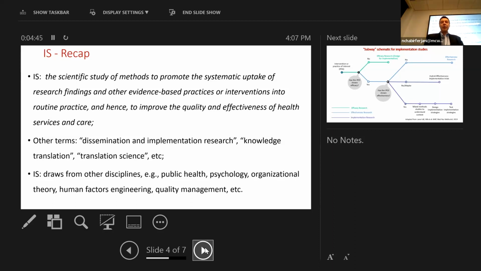There are other terms that are used interchangeably: dissemination and implementation. Some people say dissemination is part of implementation science, knowledge translation, translation science. As we mentioned in the previous lectures, implementation science draws from a number of contiguous disciplines, from public health to psychology to organizational theory, human factors engineering, quality control, operations management, and so forth.